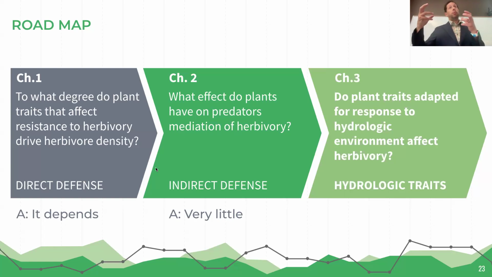The reason we chose plant water traits is because these plants exist in an arid environment, and water as a resource fluctuates. It's in flux quite a bit, both within a year and interannually. So we chose those traits and did some research on them to assess if there's any relationship between those traits and herbivory and the total arthropod community as well.